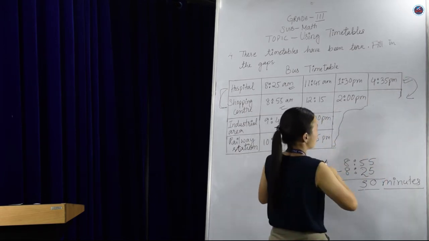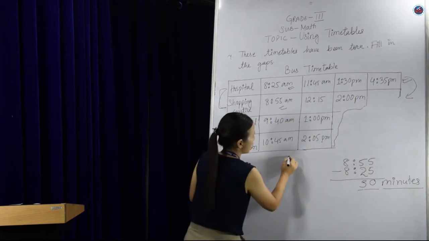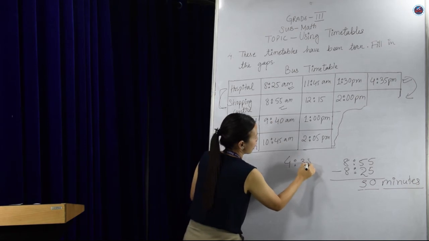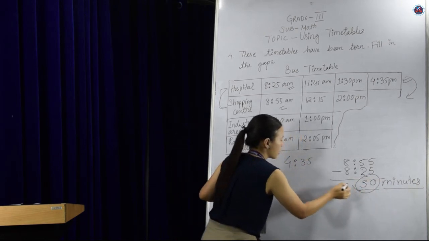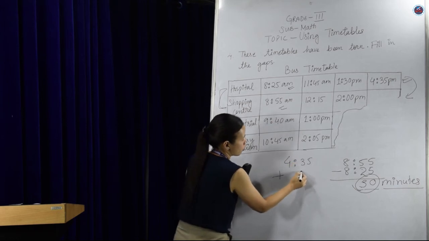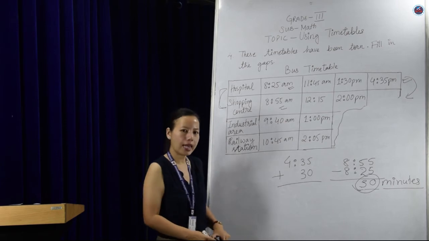To go from hospital to shopping center, the bus took 30 minutes. So what I am going to do is write the time. They start at 4:35, so write 4:35, and then the bus took 30 minutes, so we're going to add 30 minutes to this 35. Now why am I adding?